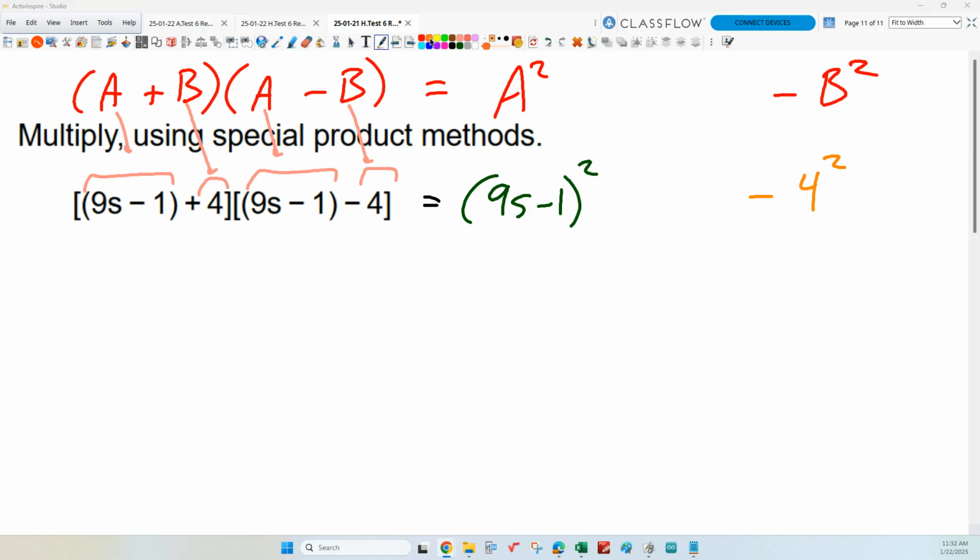Now what? What pattern's that? Yeah, that's A minus B quantity squared, isn't it? Right? So here's the pattern. A minus B squared. What's my A?